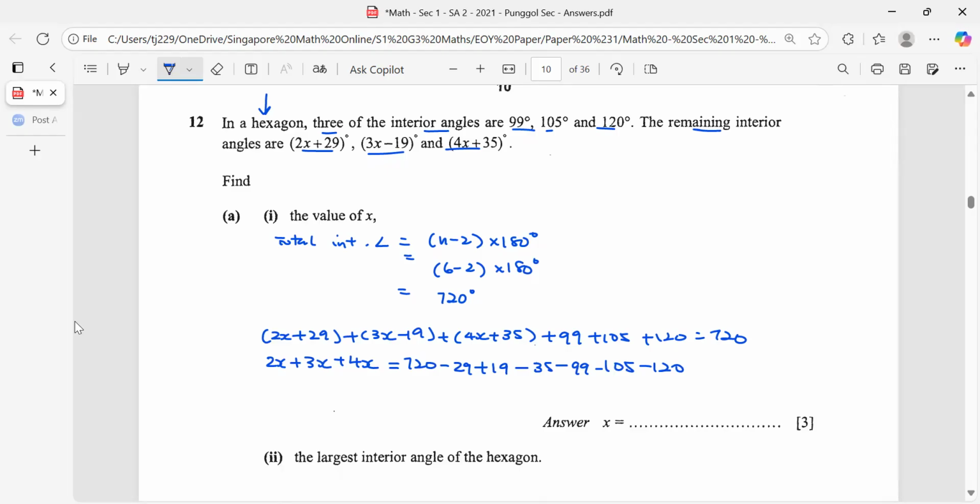Let's just double check. Take away 29 plus 19 minus 35, take away 99, take away 105, and take away 120. Okay, 9x. Okay, let's work out the right-hand side.